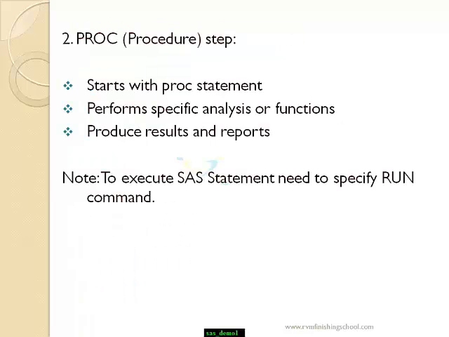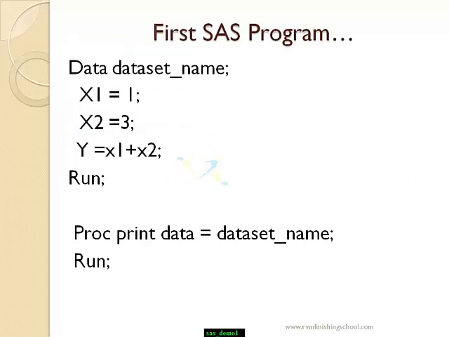Proc is a procedure step that starts with the proc statement and performs specific analysis and functions and produces the result and report. And like every language has some kind of rule, to execute a SAS statement we need to specify the run command, and each statement in SAS should end with a semicolon. Okay, this is the basic rule of SAS.